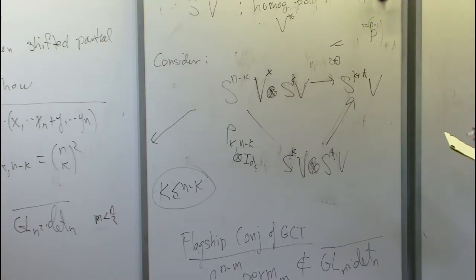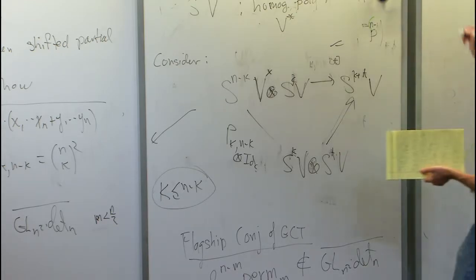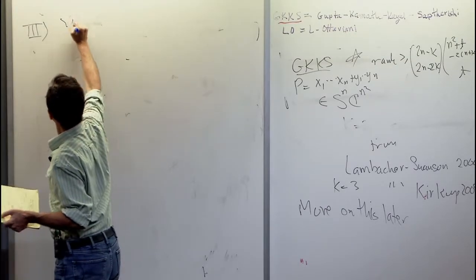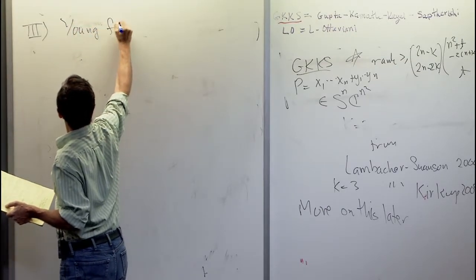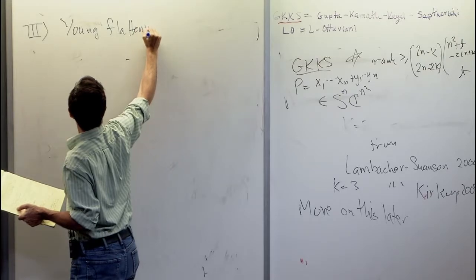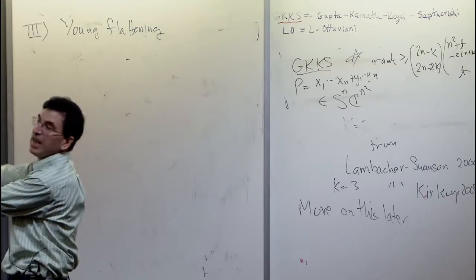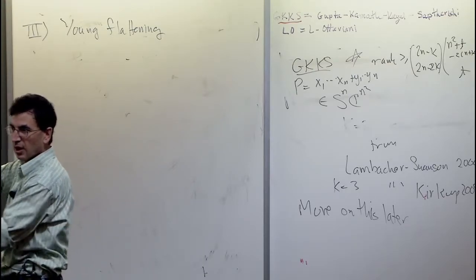Right. So we want to go further. So let me tell you a parallel world. So these equations, whatever these equations are, shifted partial derivatives. Well, this proposition is game over for shifted partial derivatives.